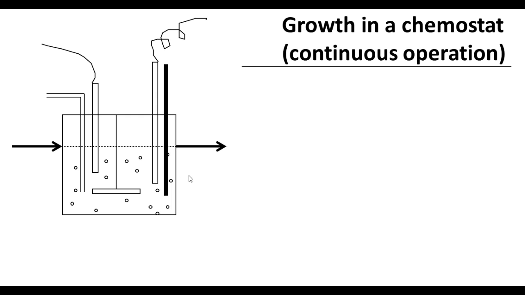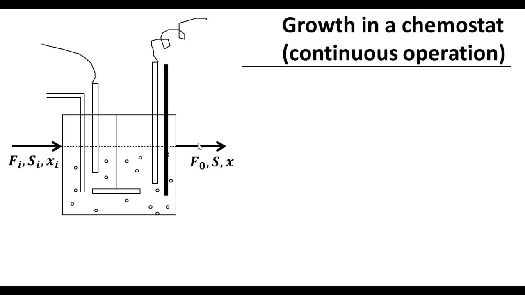Let us say the volumetric feed rate, volume per time, at the inlet is Fi. The substrate concentration in the feed is Si, and the cell concentration in the feed is Xi. The same parameters at the outlet of the bioreactor: Fo is the outlet volumetric feed rate, volume per time.